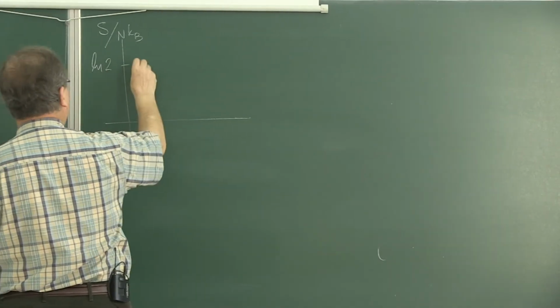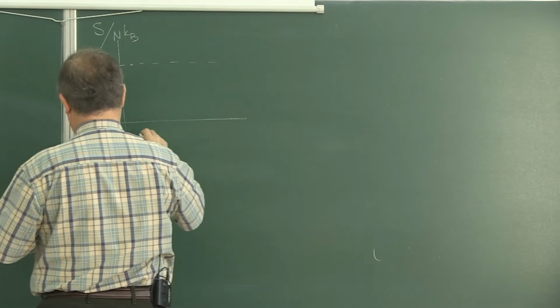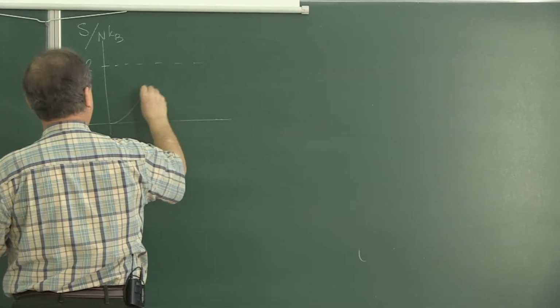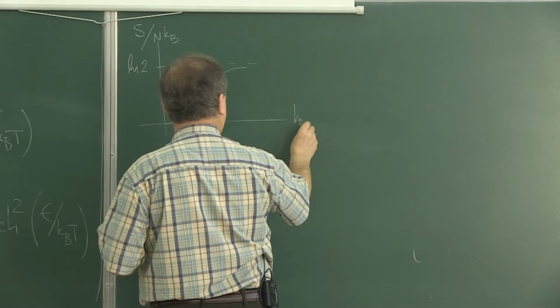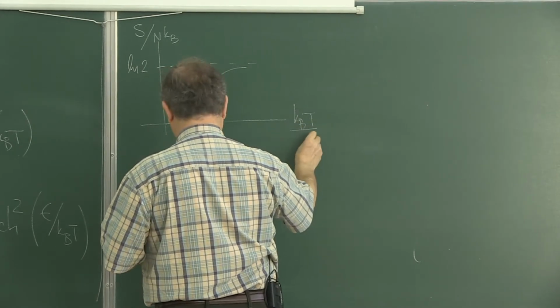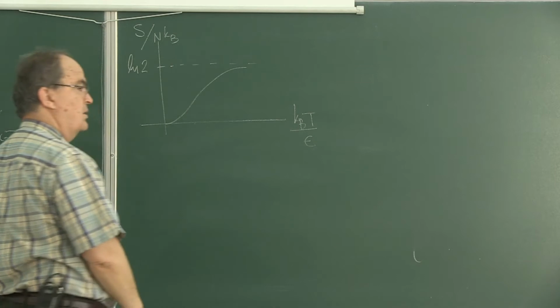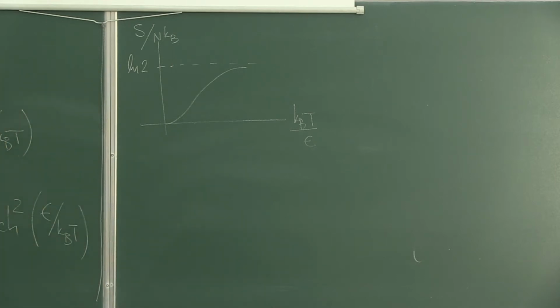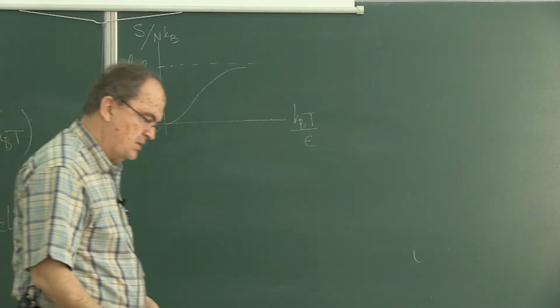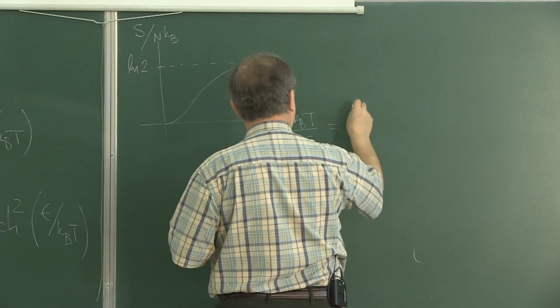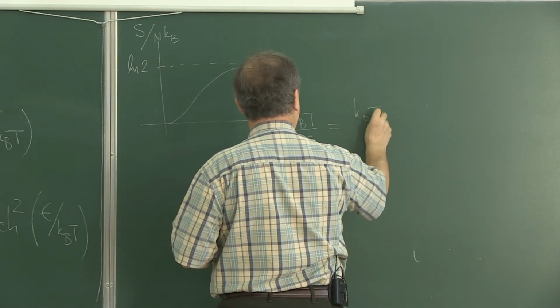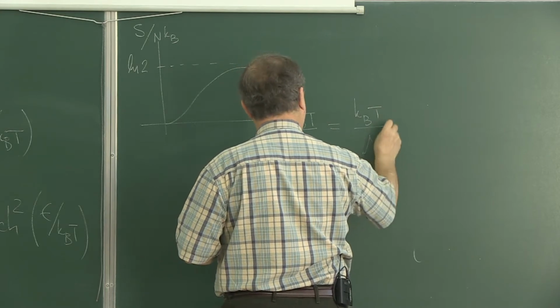There is a limit, and here it is. As a function of temperature, in that unit of energy, in our case epsilon, kBT over mu H, if you like.